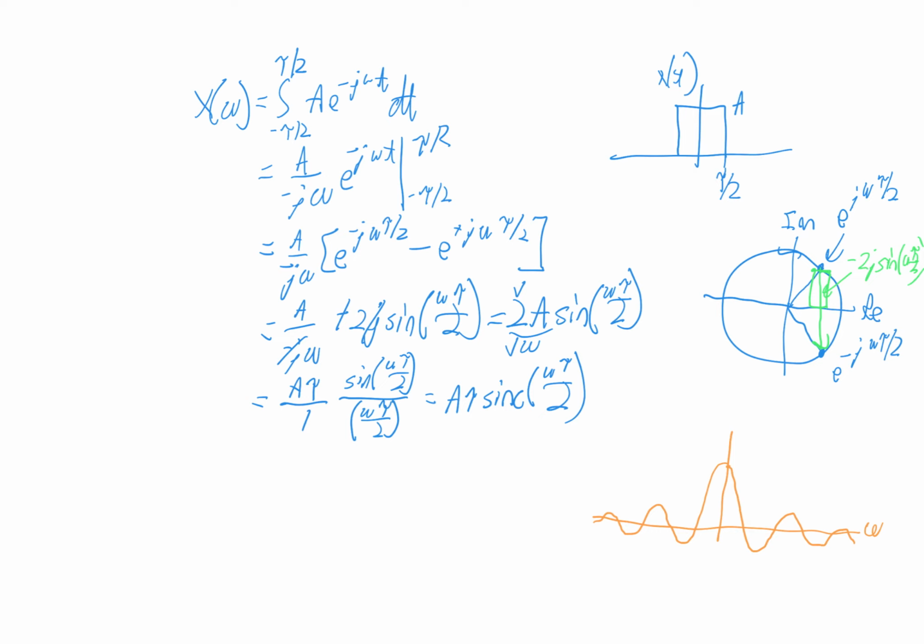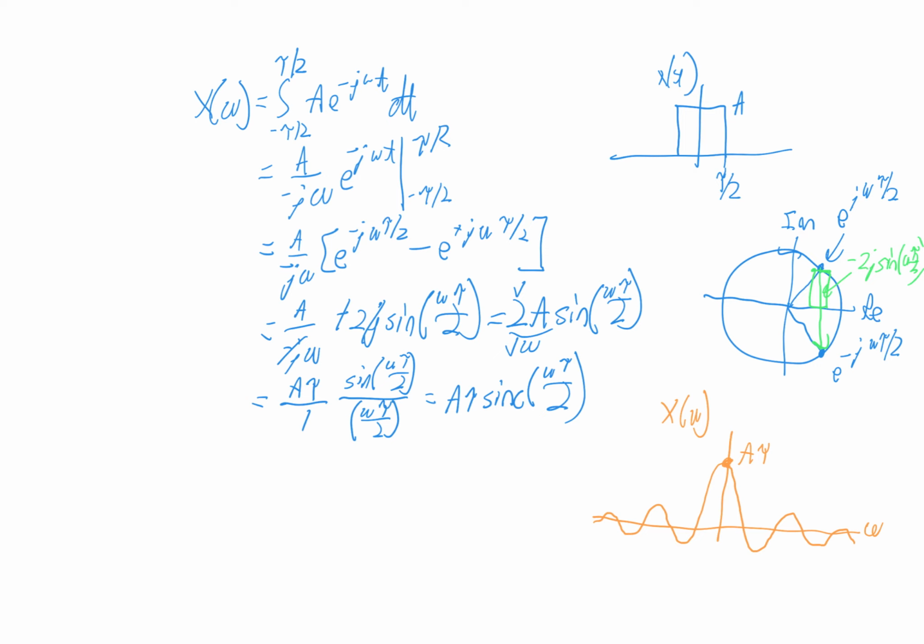The sinc function at omega equals 0 has a value of 1, but we've scaled it up at the peak, so the peak is at a tau, and here we are plotting x of omega. Now, in general, x of omega is a complex number, so we could plot its magnitude and phase. But for this particular case, since we have a non-periodic signal with even symmetry, it turned out to be a real function. So I'm just plotting x of omega here.